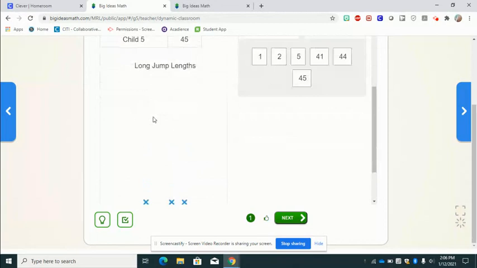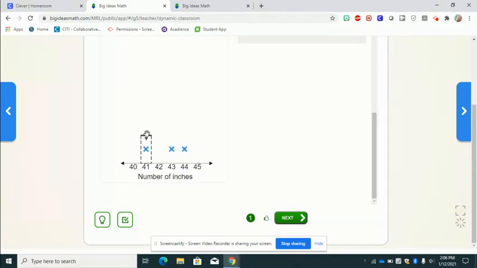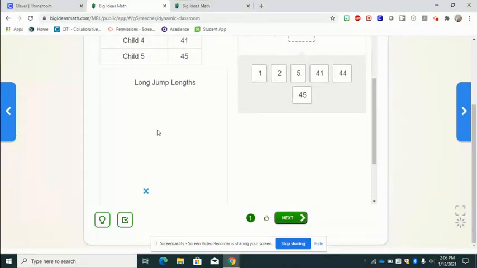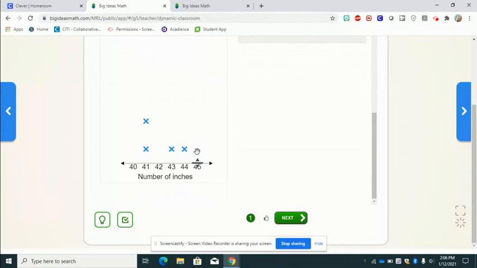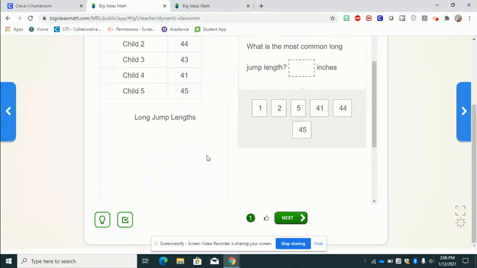Child 4 is 41. It's kind of hard to do. So if you have trouble with it in your Big Ideas, I understand. And child 5 is 45 inches. Okay.